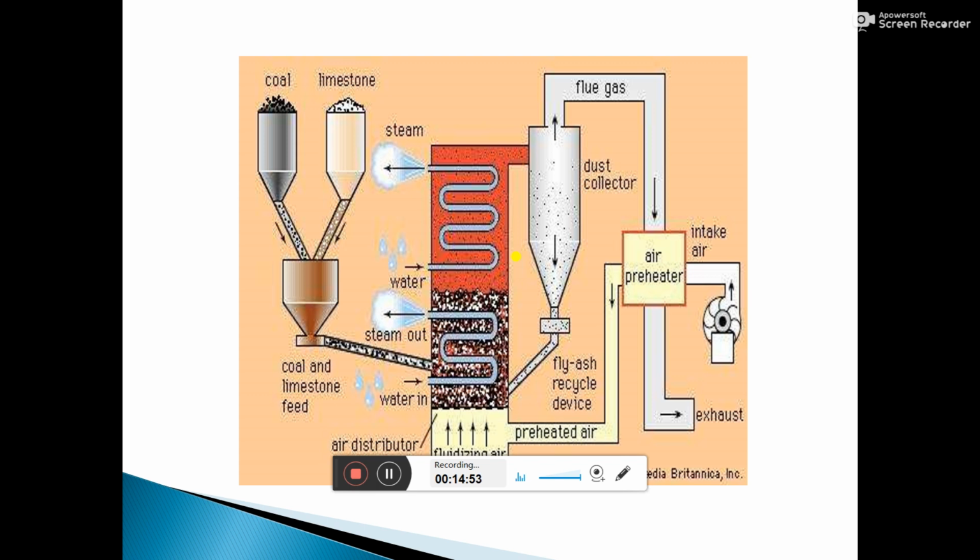Some steam is generated by running steel pipes through the fluidized bed, and we also run steam pipes through the flue gas in order to take advantage of the heat of the exhaust gases coming out of the fluidized bed.